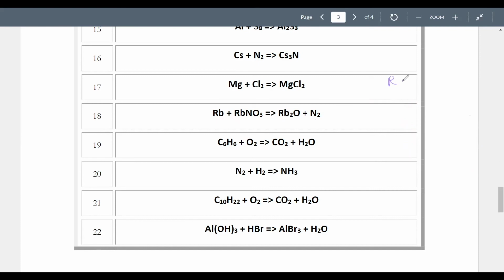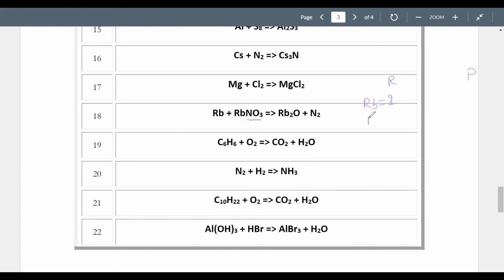So now let's do number 18. This is the reactant side and that's the product side. On the reactant side, we have 2 rubidium atoms. Nitrate as a polyatomic ion is present over here, but it is not in the form of a polyatomic ion, so we are not going to look at it as a polyatomic ion.